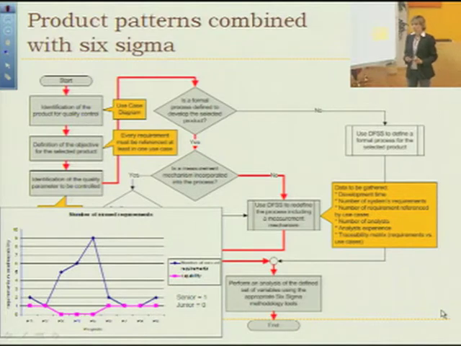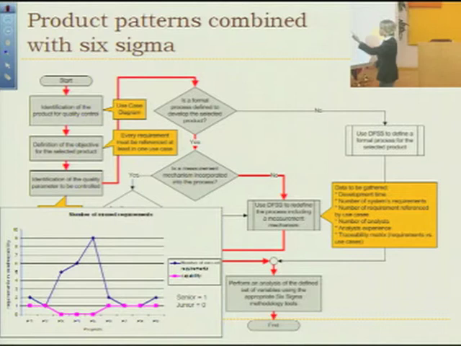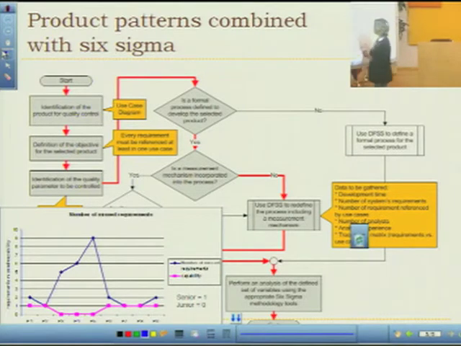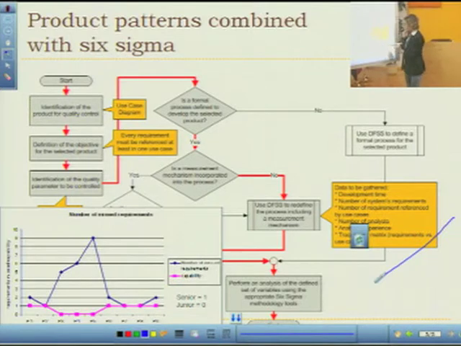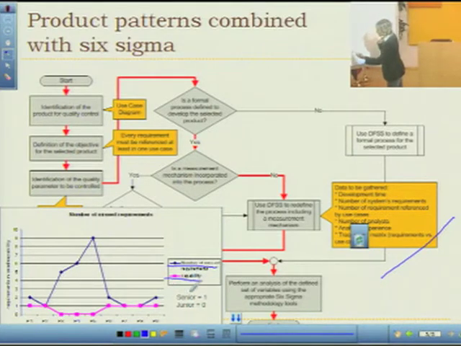So, following Six Sigma philosophy and the identified variables that appear here, we can compare the number of requirements missed, which appears here, with the capability, which is reflected here, of the analyst that made this product.